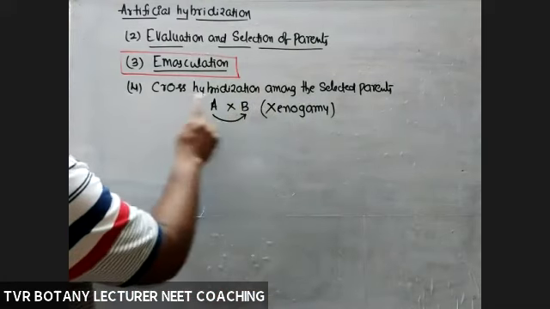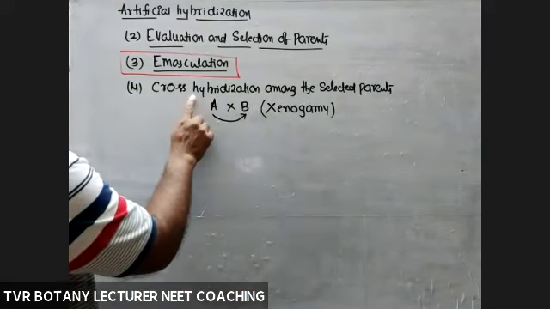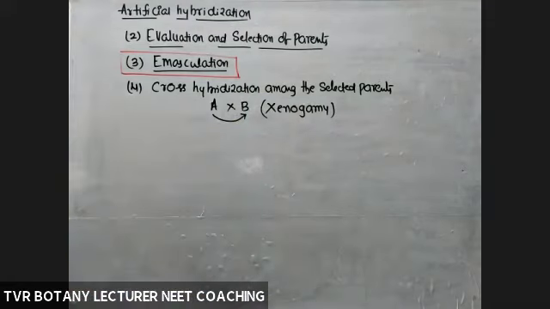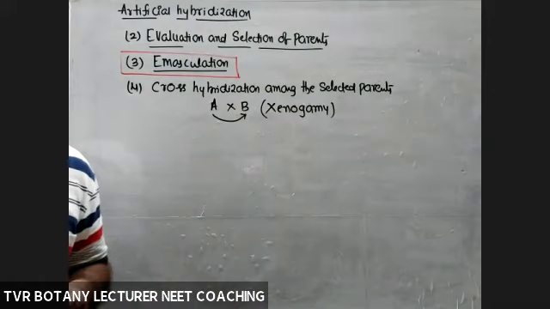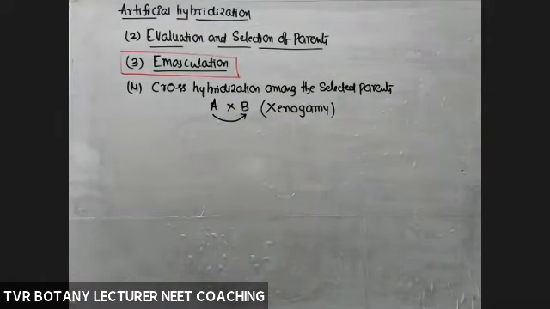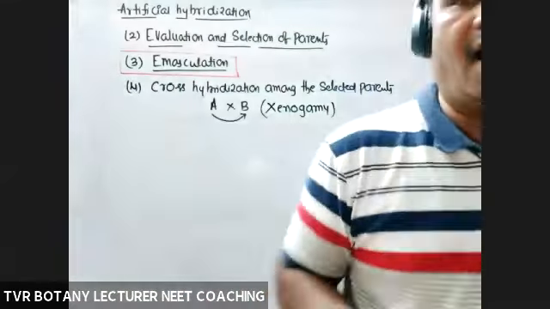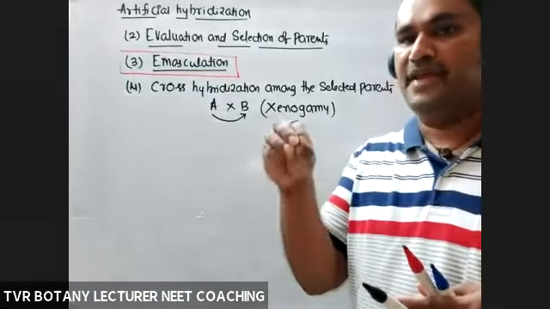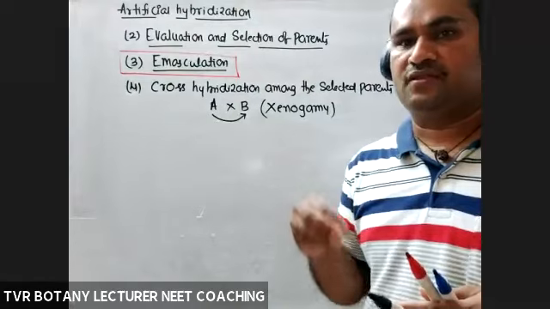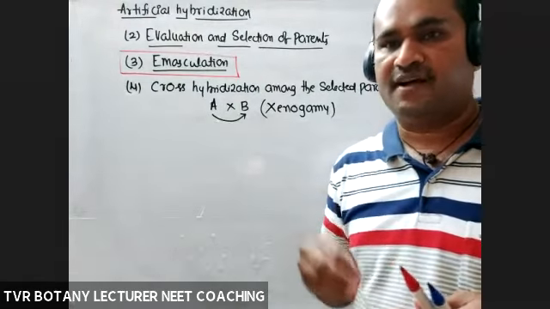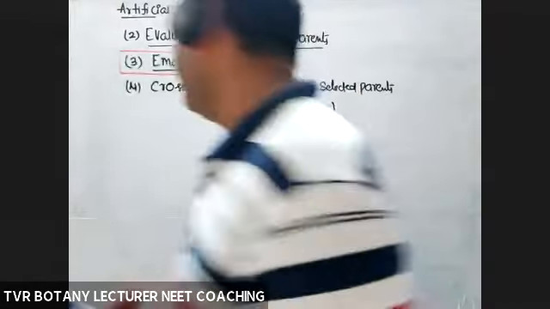So what type of pollination do we have to use? Artificial hybridization that involves xenogamous type of cross pollination. We have to take a certain number of pollen grains from the anther of the male parent, and transfer those pollen grains onto the stigma of the female one.